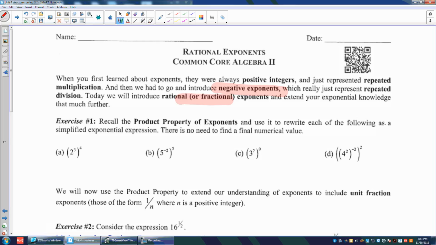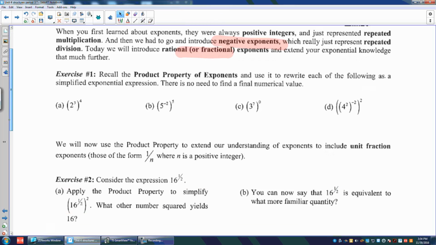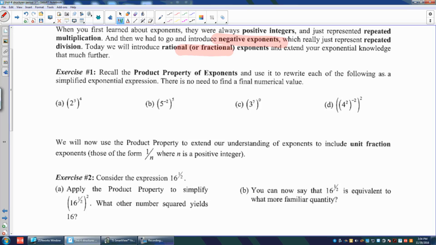So what we're going to talk about here is recall the product property of exponents. Recall that this is the product property, or what they're calling the product property, which I really don't like the name, but that's what we call it. There's no need to find an actual number here. We just want to write it in exponent form. Remember, this is 2 cubed times 2 cubed times 2 cubed times 2 cubed.